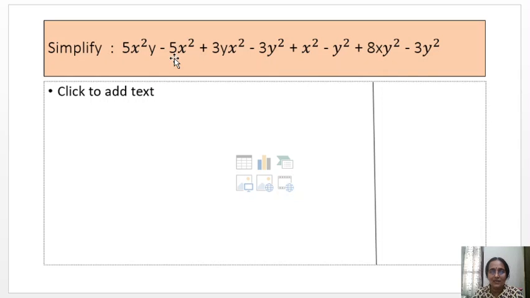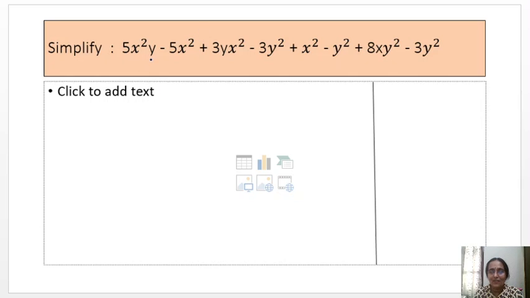So you should have the clarity to identify the like terms now. If you are a little bit confused also, watch the video once again. We will identify the like terms now. Are you ready?